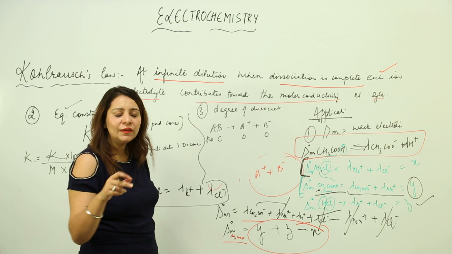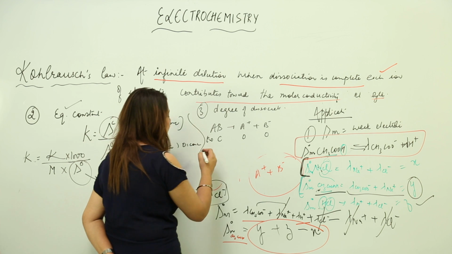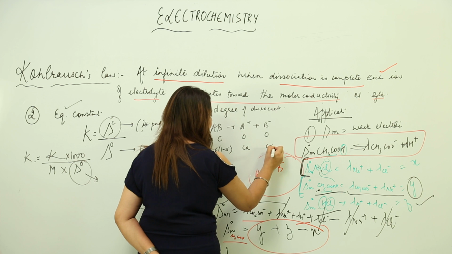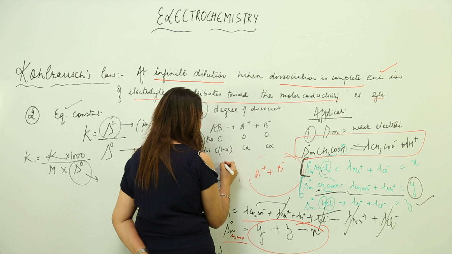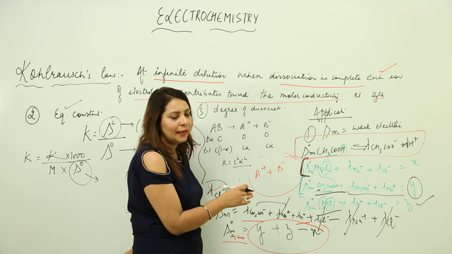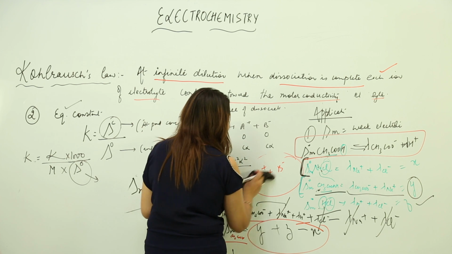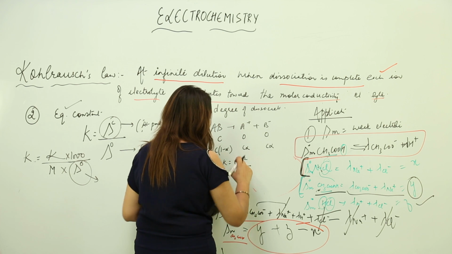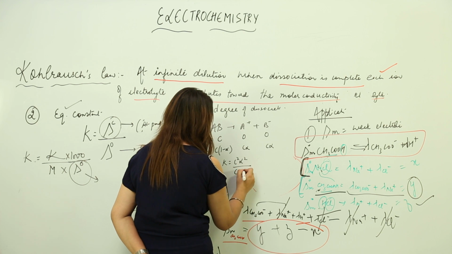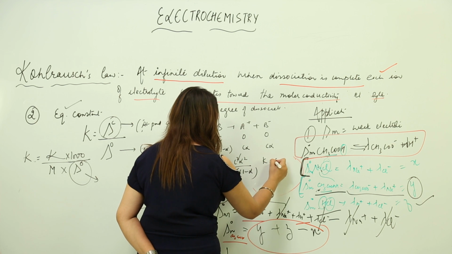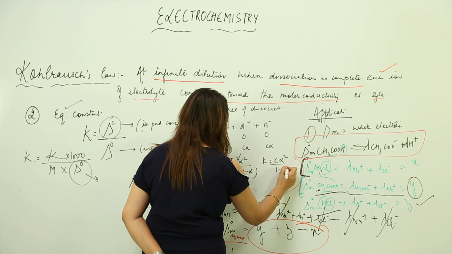So now if alpha is the degree of dissociation, let's say that at time t it gets dissociated to this thing and C alpha is formed. So if we write the expression for K, it becomes C square alpha square. This we have already done in equilibrium, right? So if you have any doubt, just refer to the equilibrium slide. So it is C square alpha square divided by C(1 minus alpha). C cancels out. So K is equal to C alpha square over (1 minus alpha).